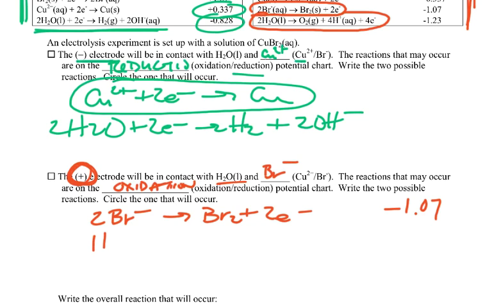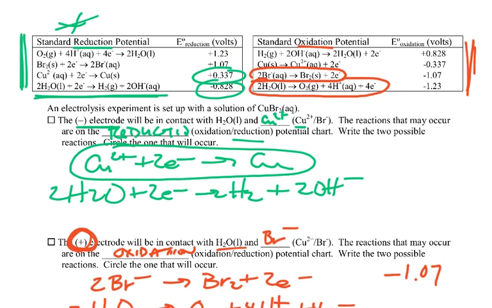And the water, it's possible for that to lose electrons. So 2 waters could turn into O2 plus 4 H pluses plus 4 electrons. Again, here's water with electrons on the right, here's bromide with electrons on the right. These are losing electrons, so this is all oxidation. Losing electrons is oxidation.